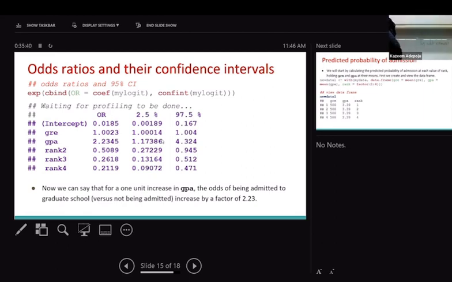Can you see the value under the OR for GPA? This time around, I'm not interpreting the log odds of admission. There's a difference between log odds of admission and the odds of admission. They are not the same. The interpretation we did before was on log odds of being admitted, but right now, we are talking about odds of being admitted.